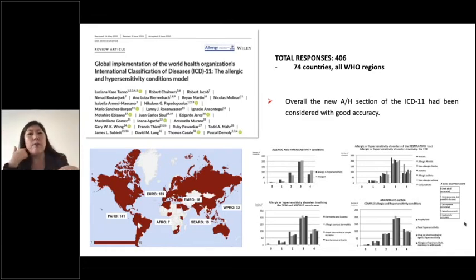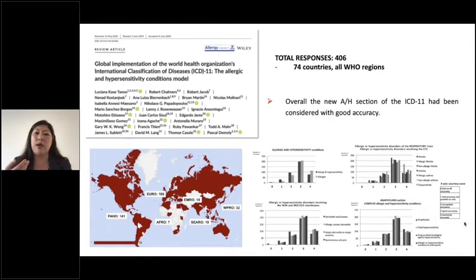For example, we recently published this paper related to the global implementation of the ICD11, taking our conditions as an example, because when we peer review terminology and definitions, we prove that it's worthwhile to have them as a tool in terms of epidemiology.